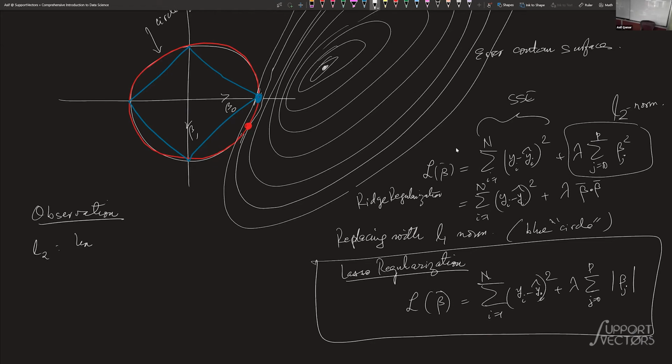L2 tends to produce non-zero values for all the betas, the parameters. Would you agree? Look at the red dot.